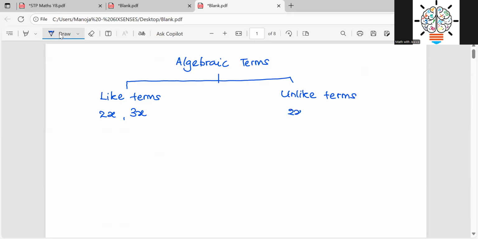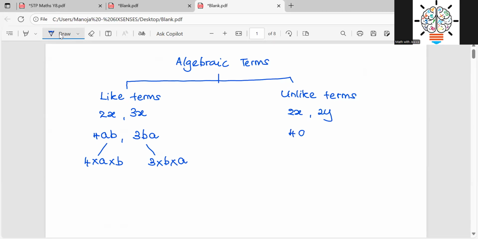If you have 2x and 2y, they are not like terms. Let's say you have 4ab and 3ba, still they are like. Why? This is 4 times a times b, and this one is 3 times b times a, the same thing, right? Therefore, they are like.